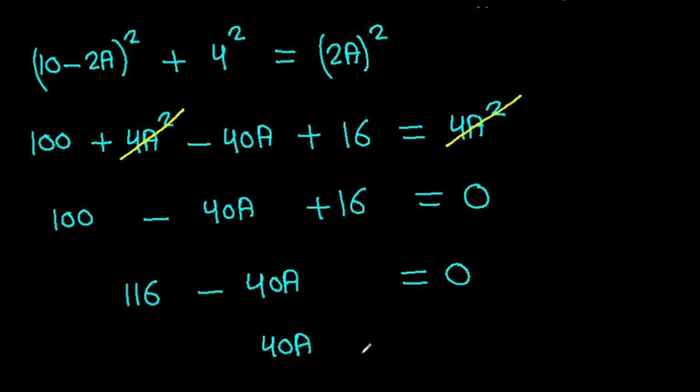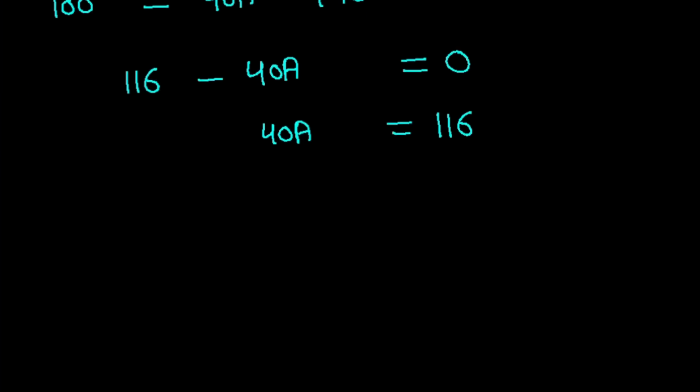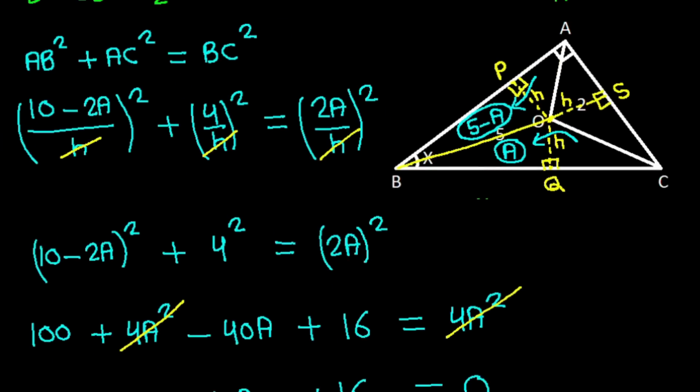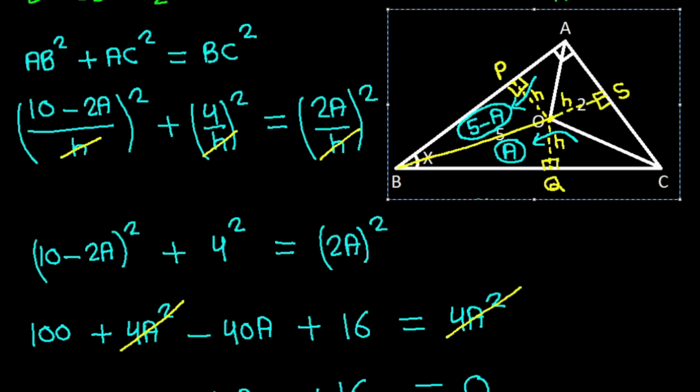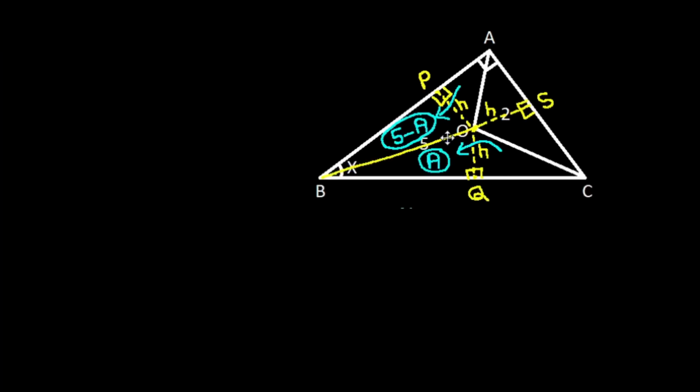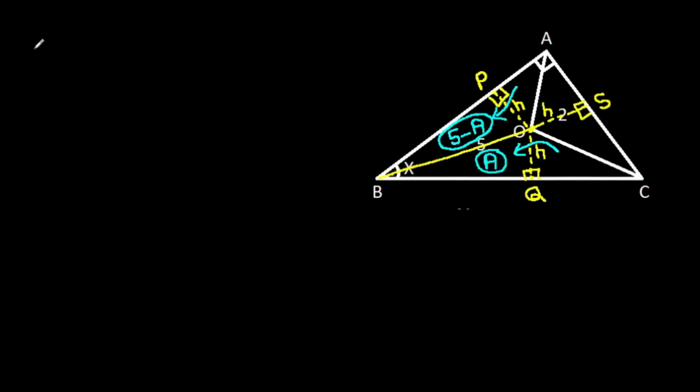So 40A will be 116, and A will be 116 over 40, that will be 29 over 10. We get A is 29 over 10.